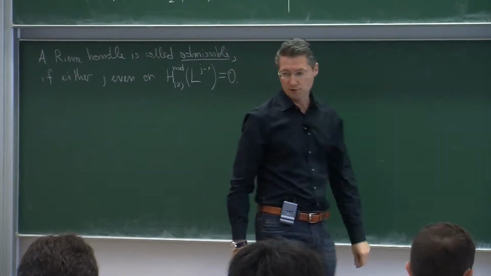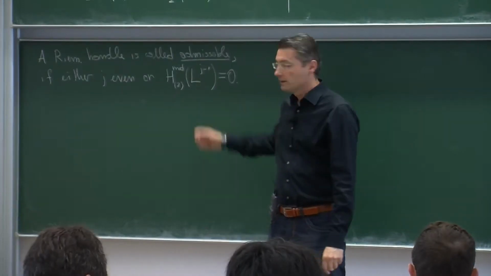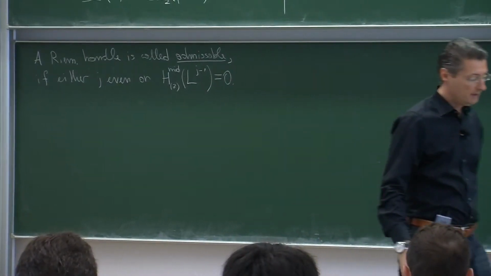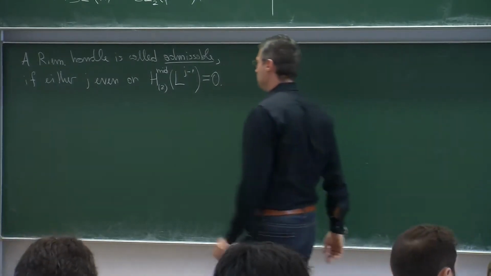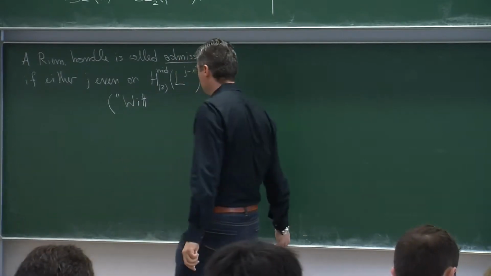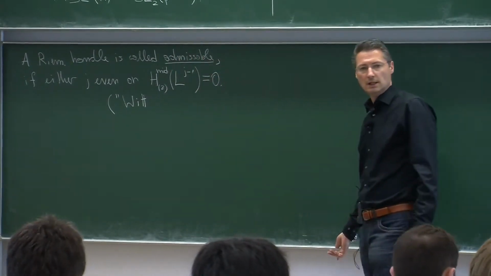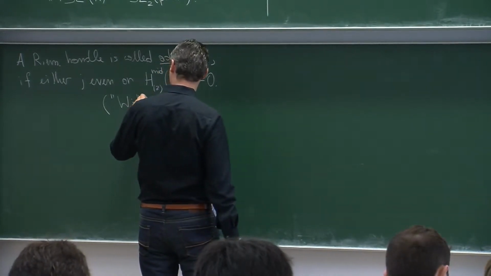And then, for such cases where J is odd, you require this to vanish. And this now later has been called a Witt condition. And I'll return to Witt spaces from another point of view later in this course. So this is called a Witt condition.